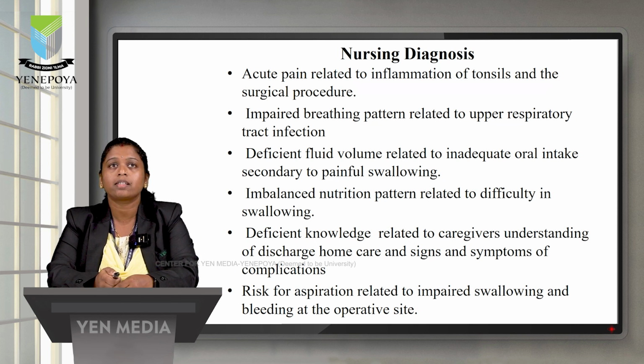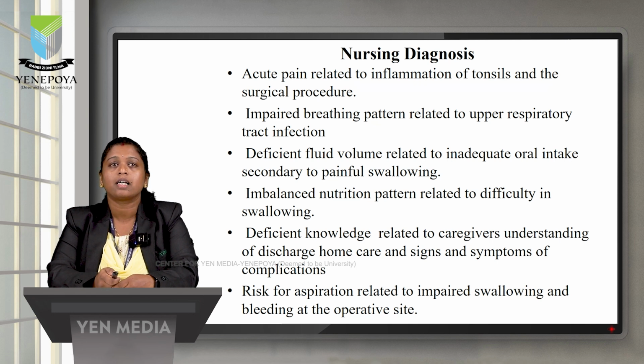The second one is impaired breathing pattern related to upper respiratory tract infection, deficient fluid volume related to inadequate oral intake secondary to painful swallowing, imbalanced nutrition pattern related to difficulty in swallowing, and deficient knowledge related to caregivers' understanding of discharge, home care and the signs and symptoms of complications.